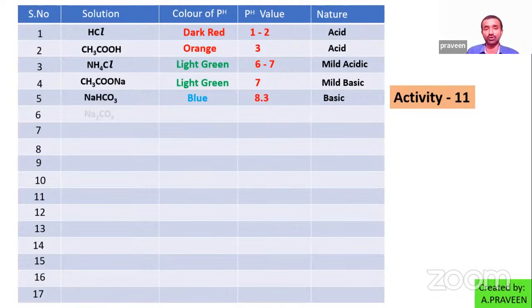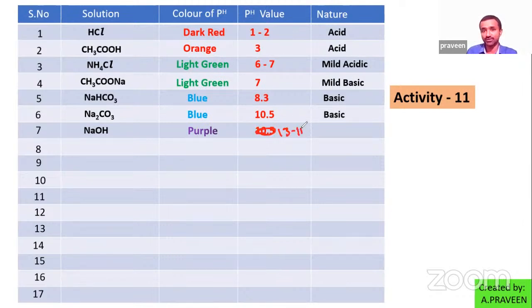Next solution is sodium carbonate, washing soda. Its color is blue and the value is 10.5, basic in nature. Next one is sodium hydroxide. It is giving you purple color. Its value is almost 13 to 14. There is a mistake earlier, it is 13 to 14.